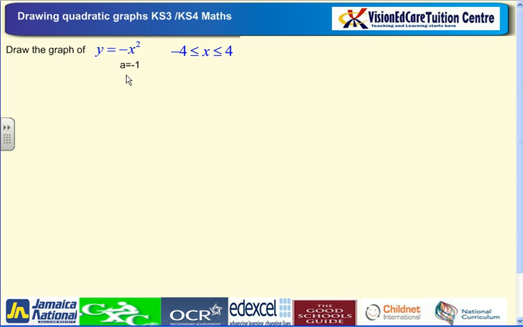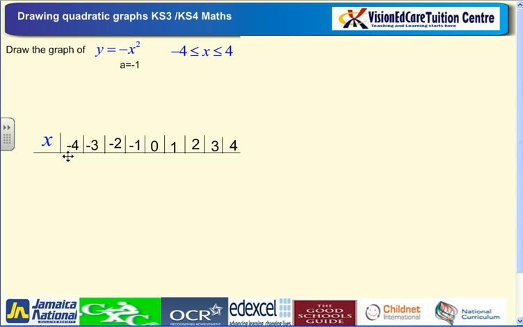Here we have in our example y is equal to minus x squared. So in this case the coefficient of x squared, the value a, is minus 1. So we are going to draw the graph for the values of x between minus 4 and positive 4. So we can make a table and we work out our y values.